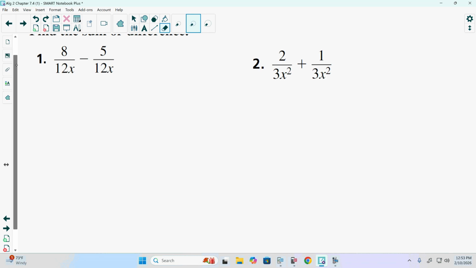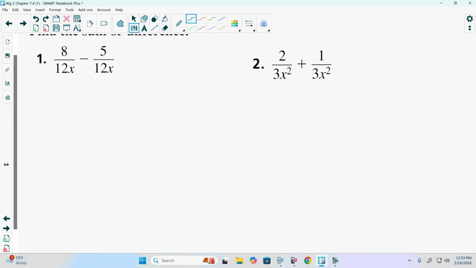Let's look at the next two. 8 over 12x minus 5 over 12x. Now, 8 over 12x does have a greatest common factor of 4. But if we did simplify this, do not write this, down to 2 over 3x minus 5 over 12x, well, the denominators aren't the same anymore, which means we can't subtract.